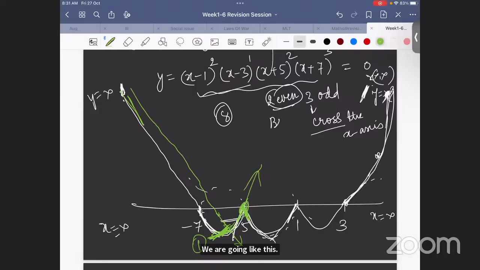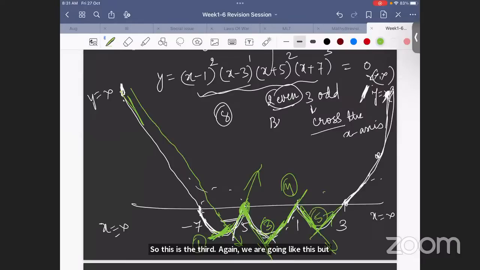So this is the second turning point. Again we turned, so this is the third turning point. Again we turned, so this is the fourth turning point. And again we are going like this, but we just turned up. So this is the fifth turning point. So you are left with 5 turning points. Is it clear to everyone?